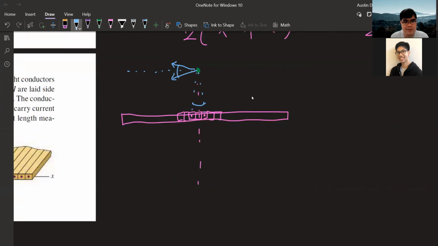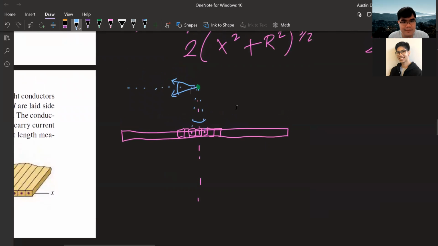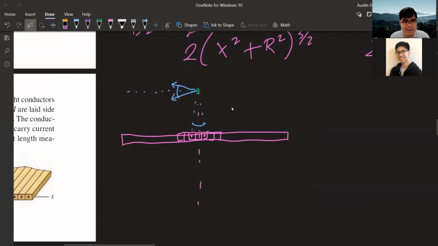And adding those two will zero out. Actually, it won't zero out, no? It will go in this direction. Okay? Sorry, the line is ugly. The resulting magnetic field is going that way.